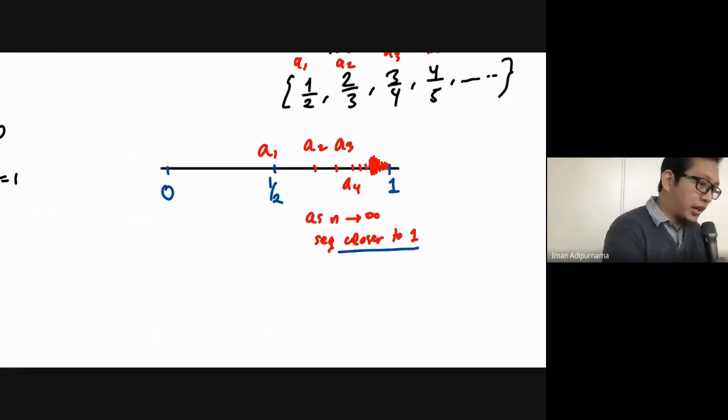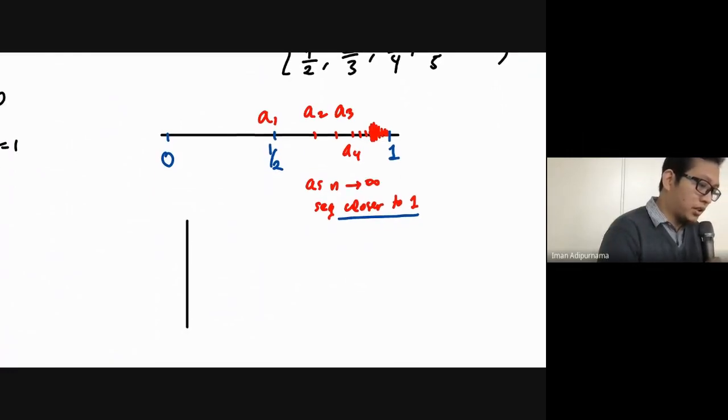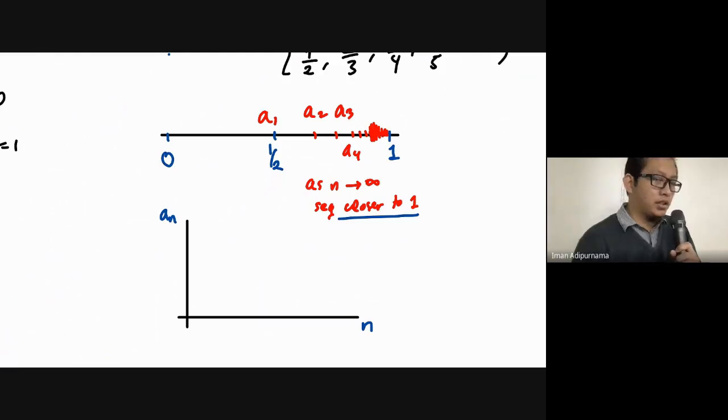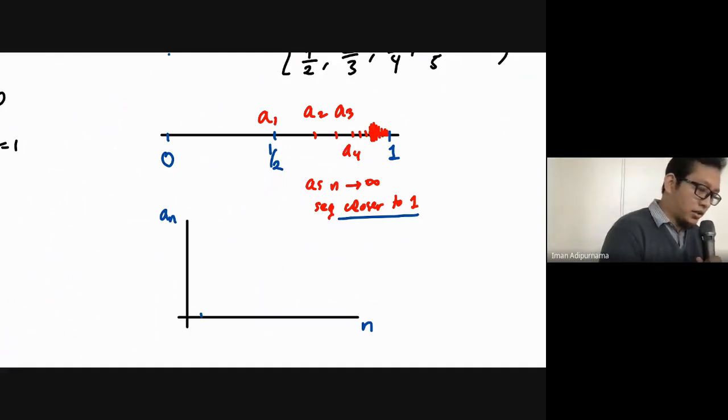And to graph the sequence, we can also plot it in a graph where the axis is n and the y is a_n. So if we plot all the terms that we can, let's say maybe until 5 here, and maybe 1 is here.